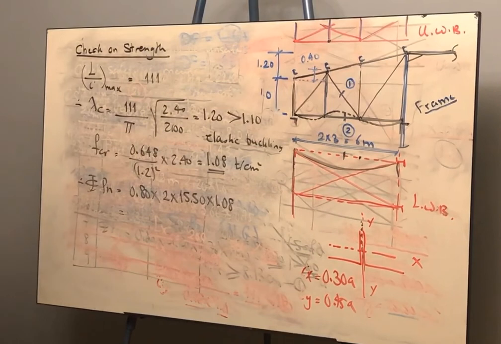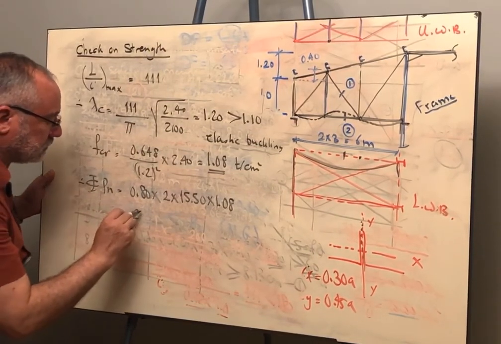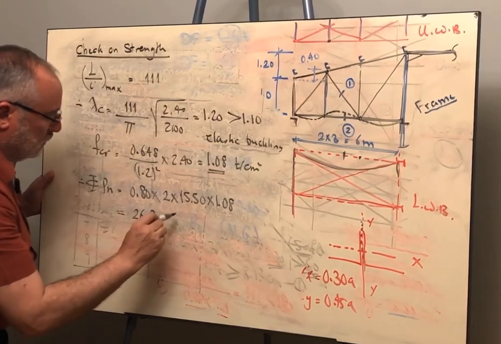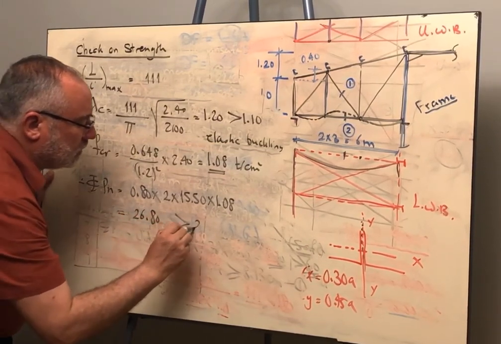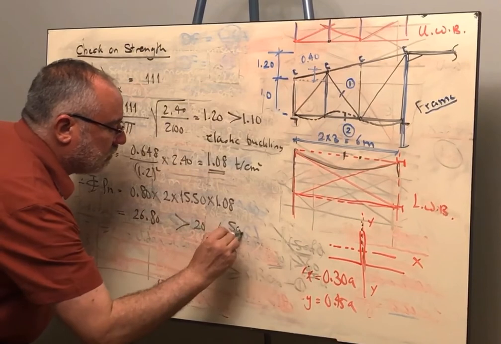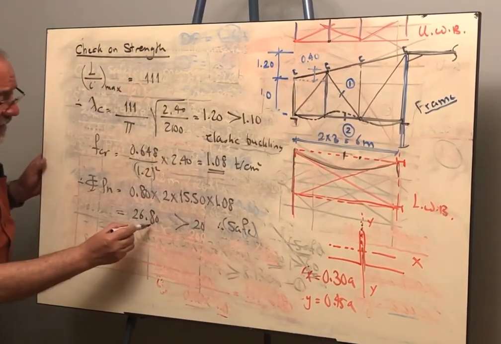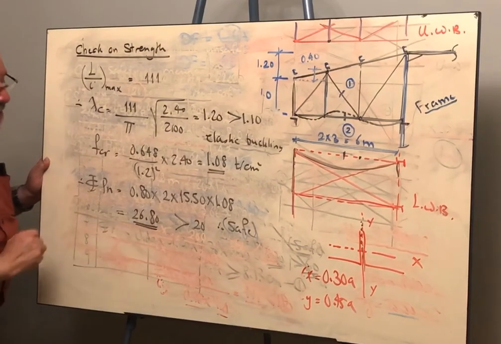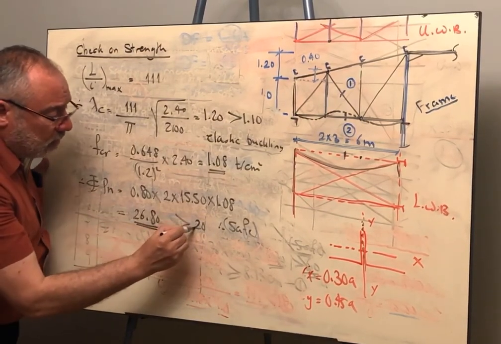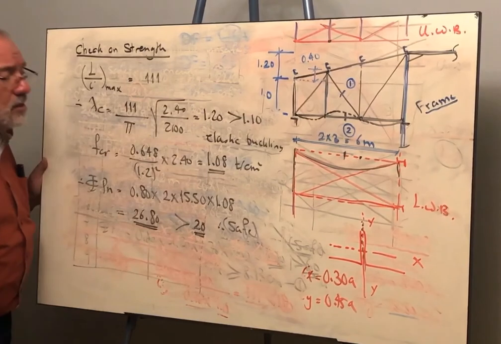If you did this, you will get 26.8. And this is more than 20, therefore it is safe. We found that the angle can support up to 26.8 tons, and the applied design force is 20, therefore the angle is correct.